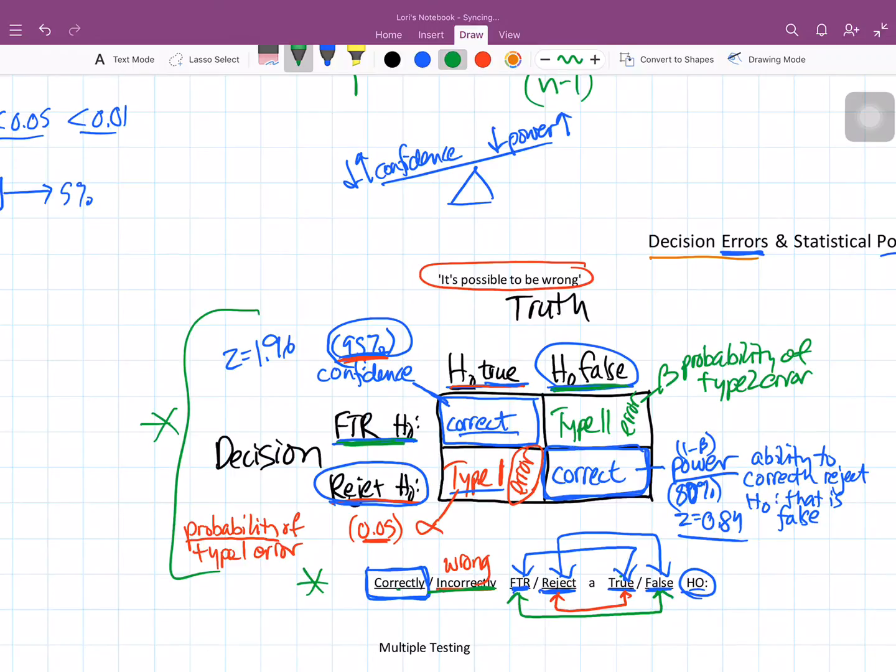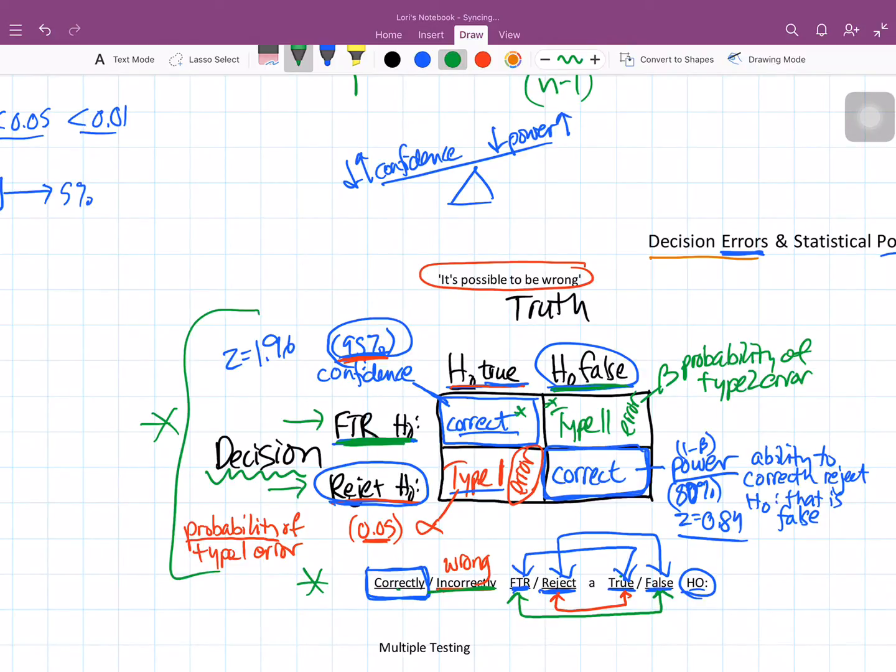Now the thing that is interesting here, and I want you to hold this in your head when you go and read research papers, is that we only knew about our sample. We only know about our particular decision. We know if we failed to reject the null or we rejected the null. And if we failed to reject the null, our only two choices are we were right or we committed a type 2 error.